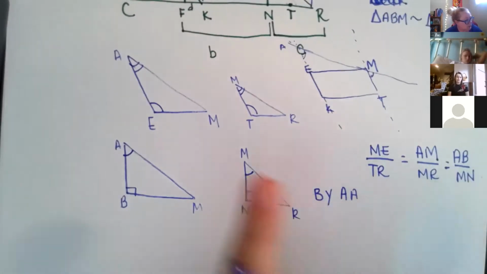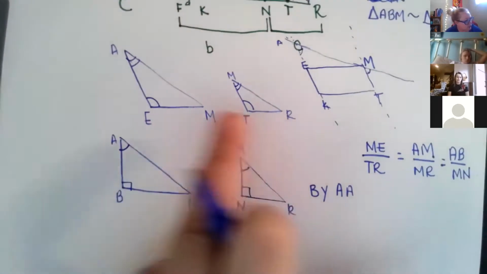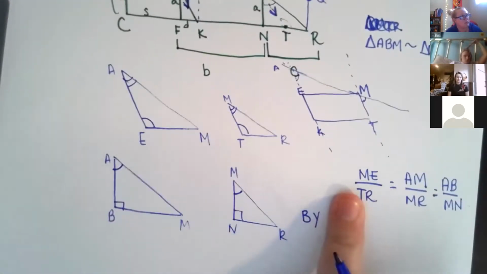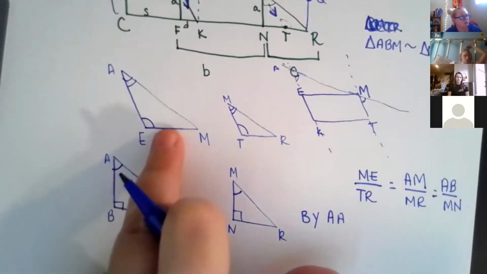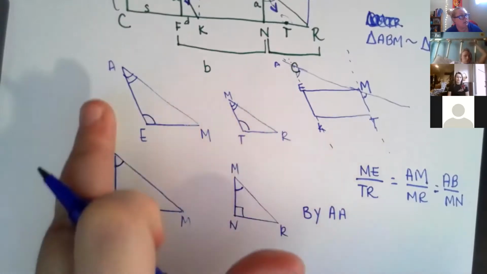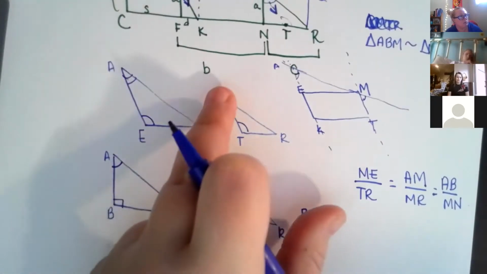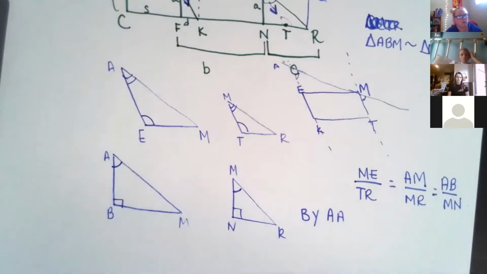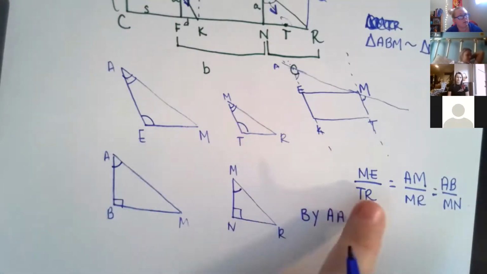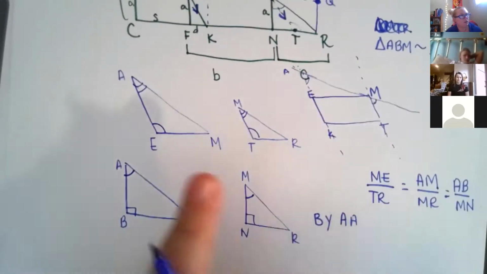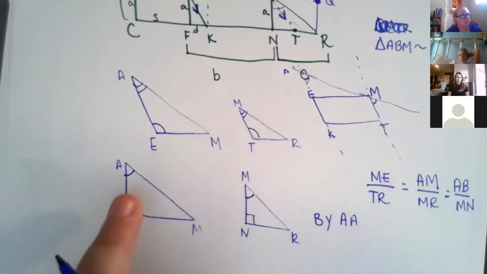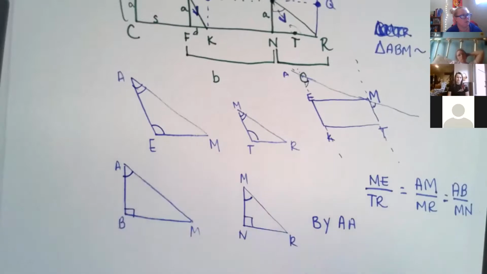Yeah, so this is coming from these two triangles, right? ME to TR, that's this one to this one. AM to MR. And then I believe that, but how do we say that this is the same from here to here?